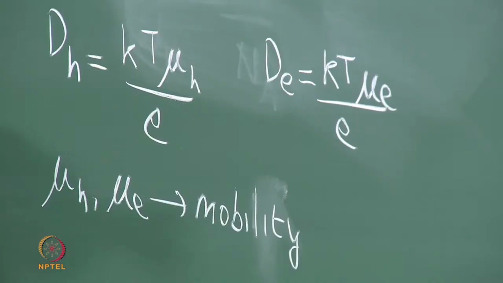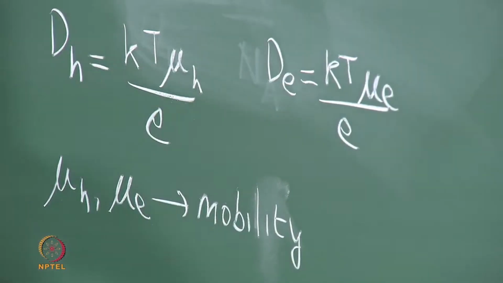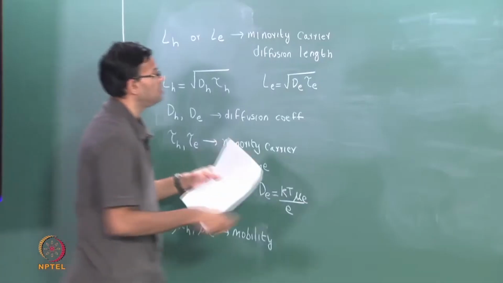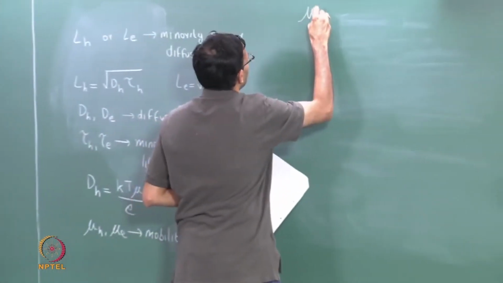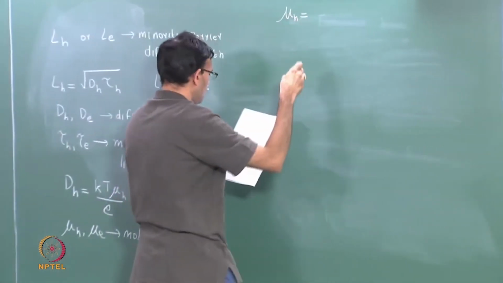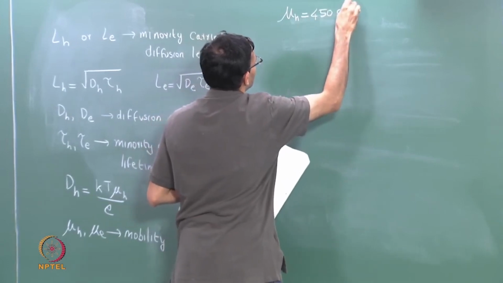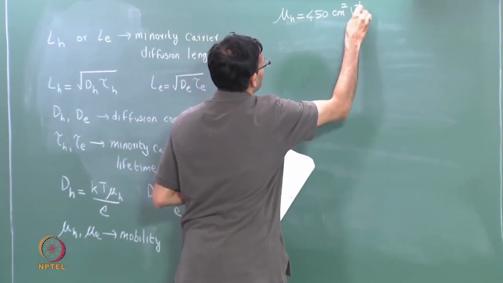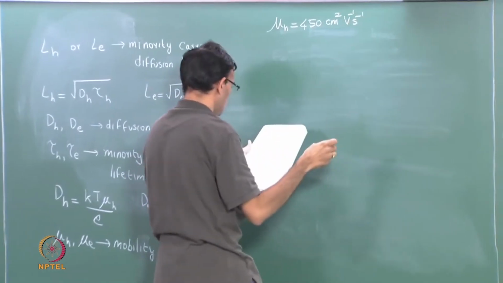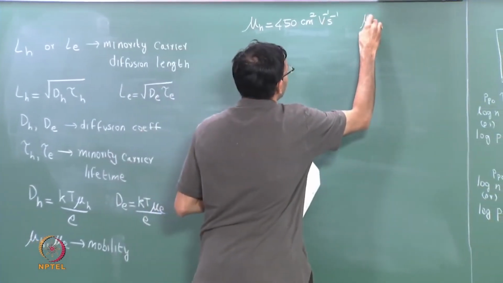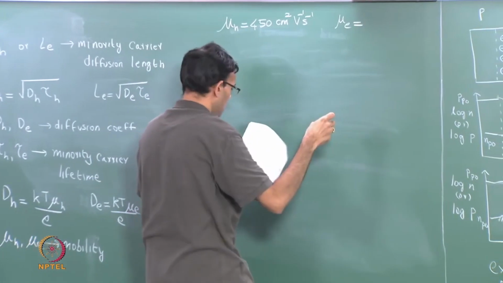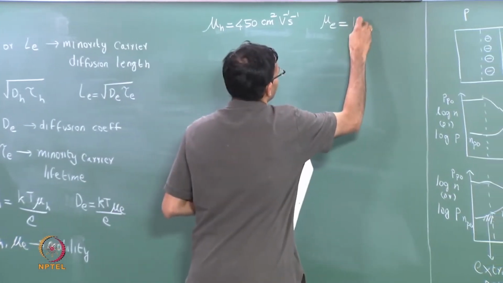Let me just put down some numbers. In the case of intrinsic silicon, we had mu_H to be 450 centimeter square per volt second, and we had mu_E to be 1350.